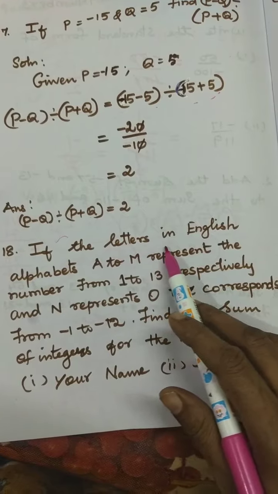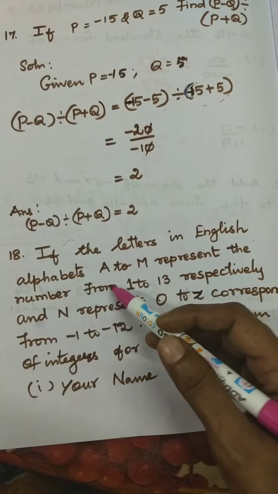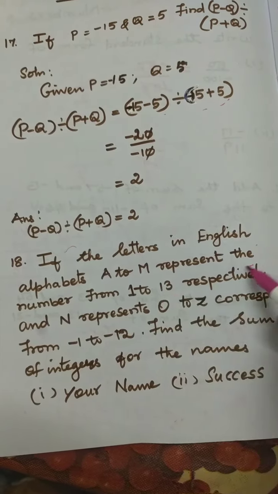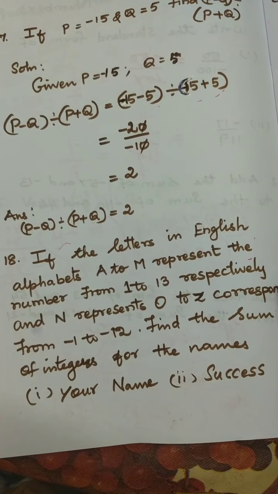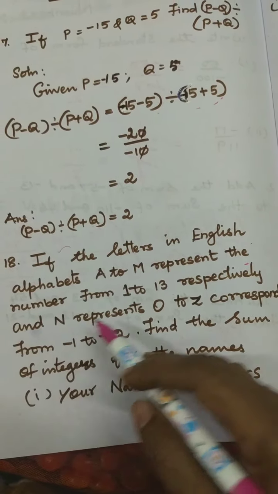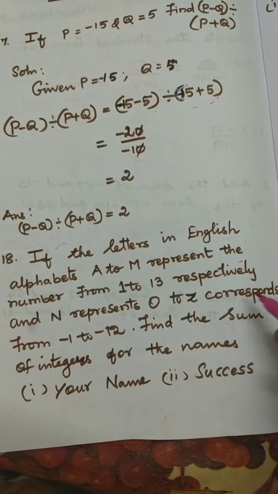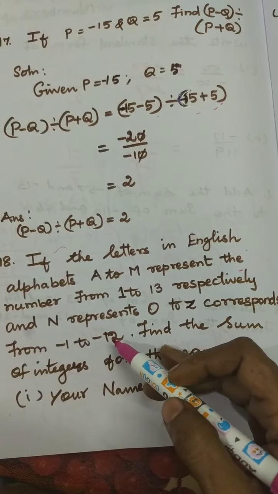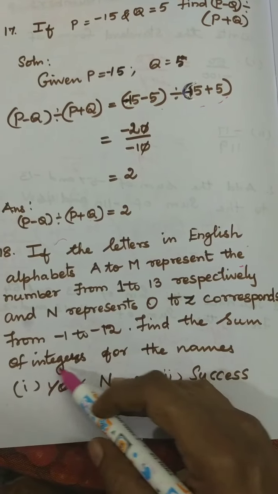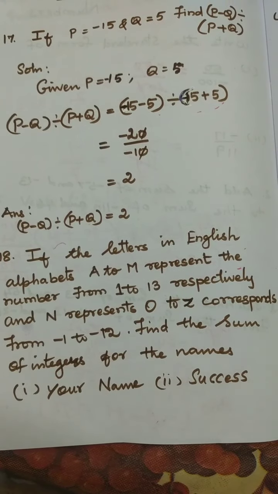If the letters in English alphabets A to M represent the numbers from 1 to 13 respectively, and N represents 0, O to Z correspond from minus 1 to minus 12. Find the sum of the integers for the names.